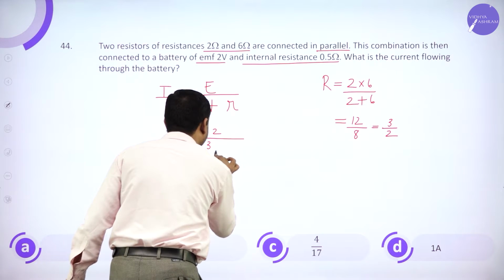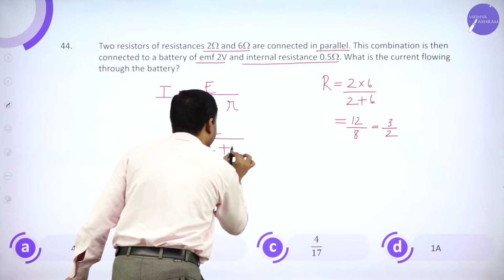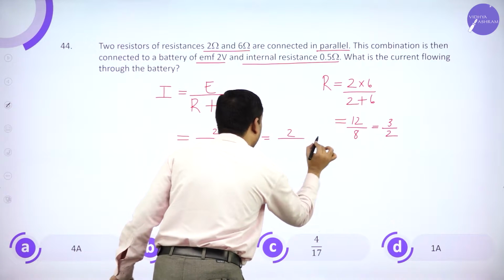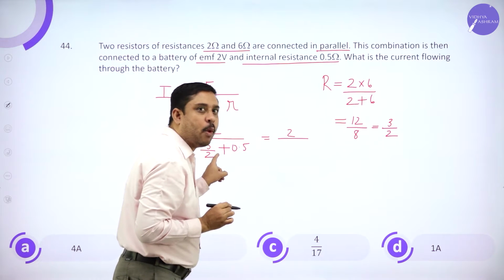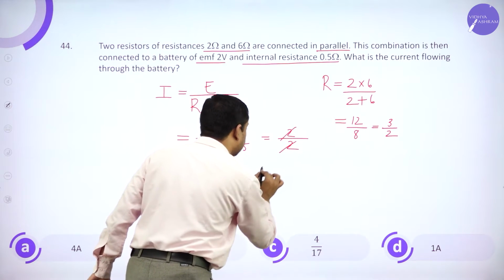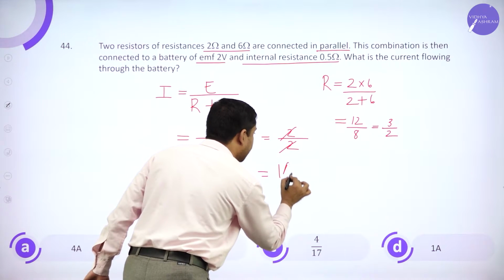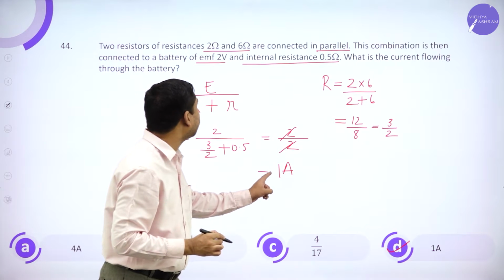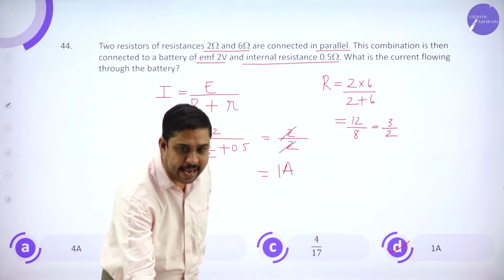So 3 by 2 plus 0.5, which is 2. 3 by 2 is 1.5 plus 0.5 is 2. So the answer is 1 ampere. So 1 ampere current is flowing through the battery.